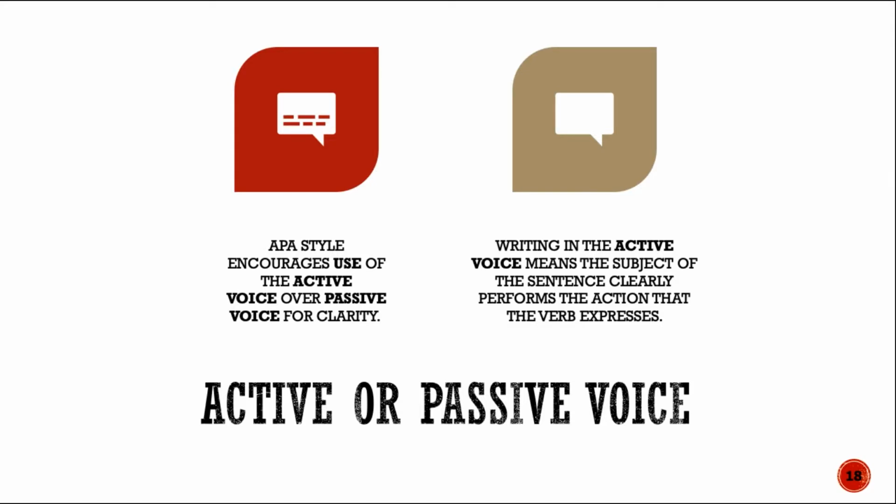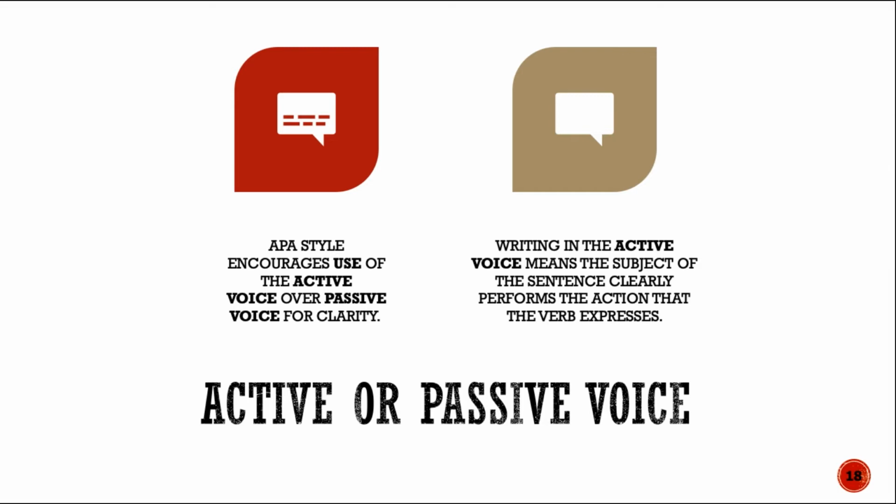Then you may ask, should I write in active or passive voice? Usually APA style encourages the use of the active voice over the passive voice for clarity. Here at University of Abdul Rahman, we are using APA, so we are emphasizing the active voice rather than the passive voice.